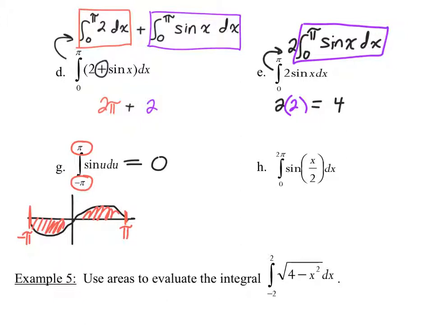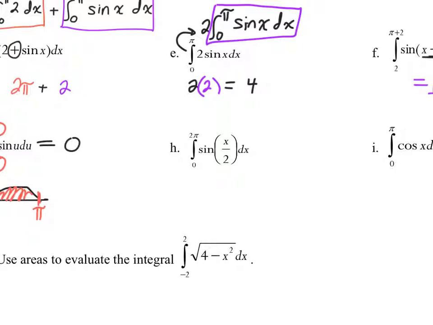All right. Now, for h, what do we have here? What does that x over 2 tell us? It's a constant multiple of x, but how does that impact the graph? It affects the period. Okay, so the frequency is 1/2. The period is 4 pi.